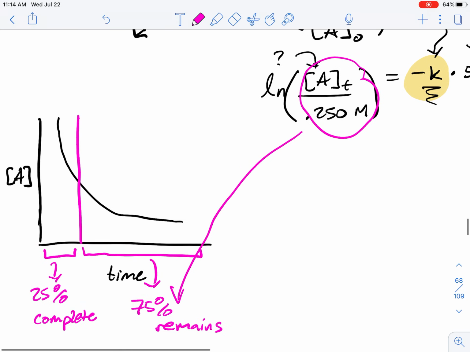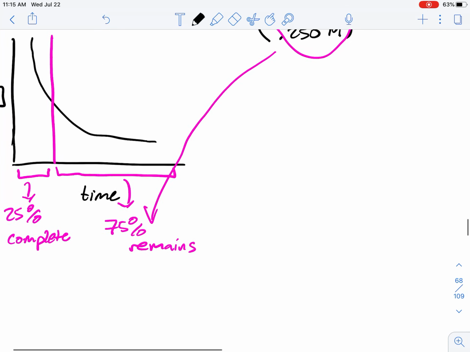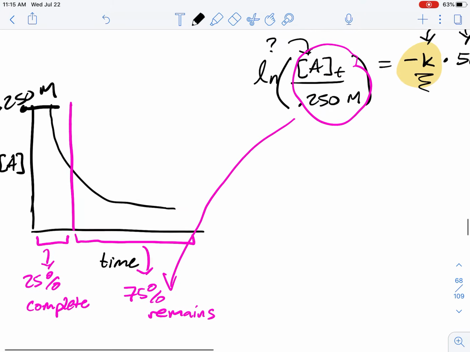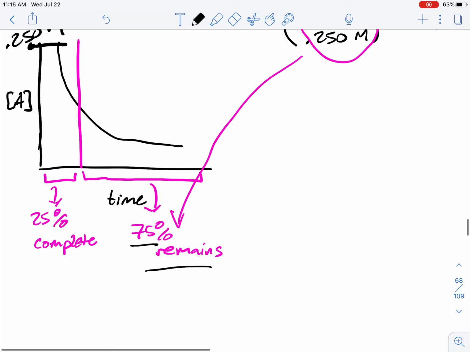If I wanted to figure out this A sub t, this portion right here, I can take the initial concentration, which happens to be 0.250 molar, and multiply it by how much remains.